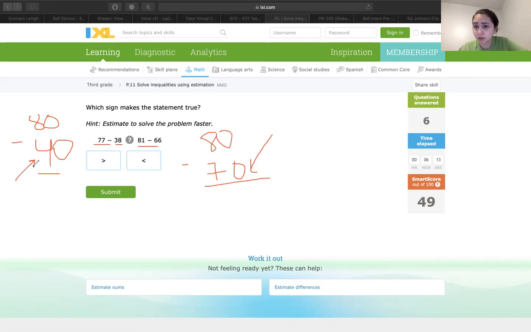If I tell you you have 10 apples, and I'm gonna take away 2, and then I tell your friend you have 10 apples too, but I'm gonna take away 8. Who's gonna end up having more apples? You, because I only took 2, and I took 8 from your friend. So this one will be the smaller number because I took away so much from it. So this one has to be greater.